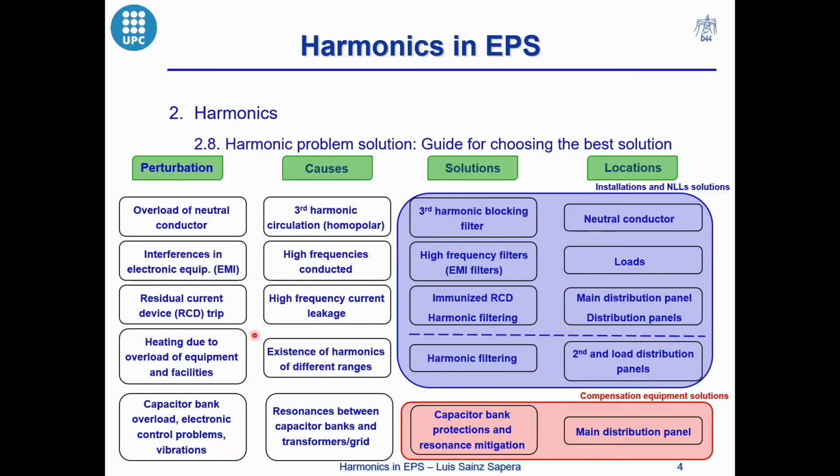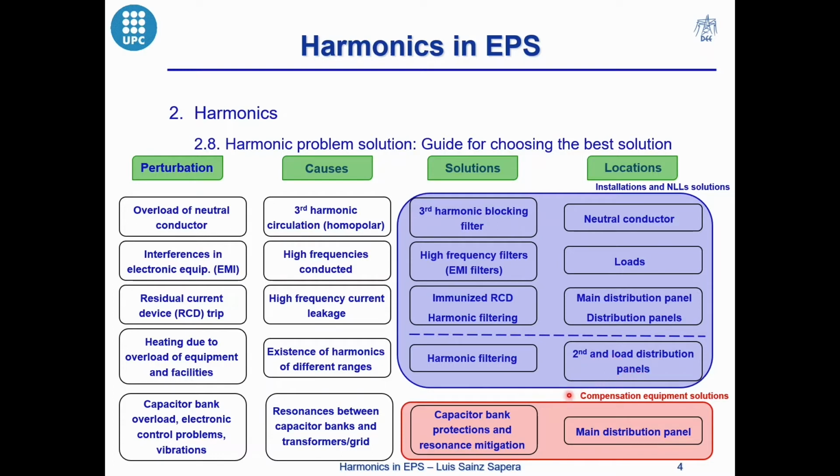And the last perturbation about installations and nonlinear load solutions is the heating due to overload of equipment and facilities. This is due to the existence of harmonics of different ranges, and the solutions are the harmonic filtering equipments located at the secondary and load distribution panels.